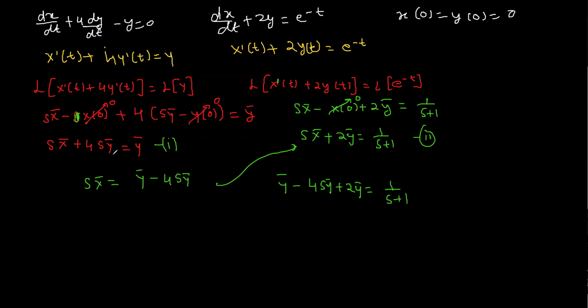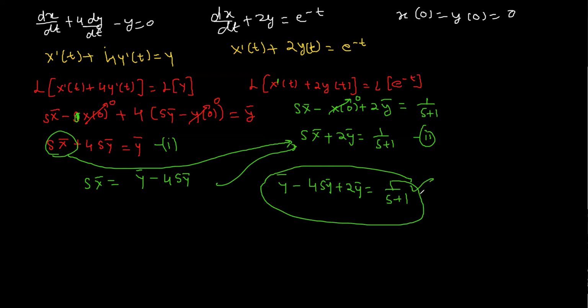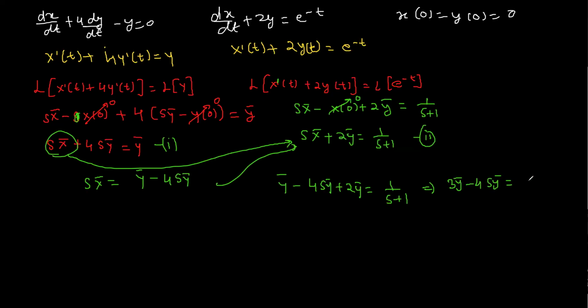What I did: from the first equation I got this part and I put it here in the second equation. Understood? And I got this, right? After this, you know better what we do. 3y bar minus 4s y bar. So y bar is s plus 3 minus 4s. Understood?